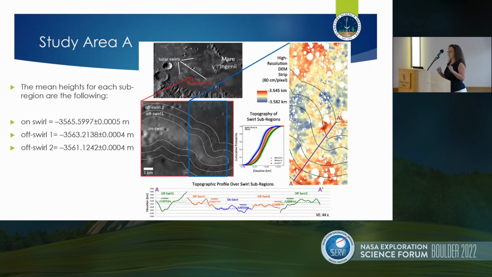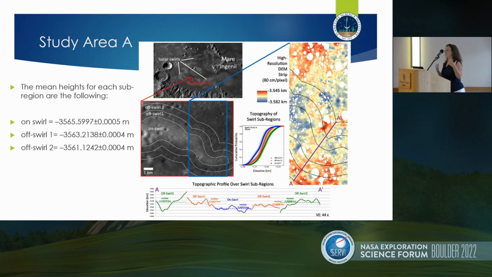And so for our first area, our more southern swirl, you see one profile. So you see a lot of different information here. So let's start with the profile at the bottom. So what we did was we took a strip in this area.